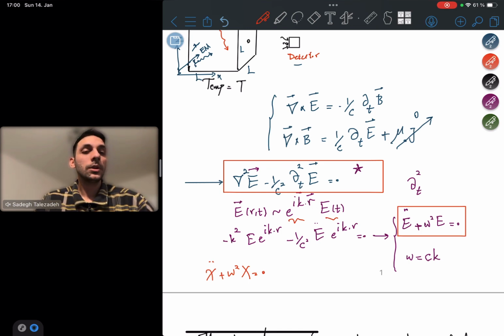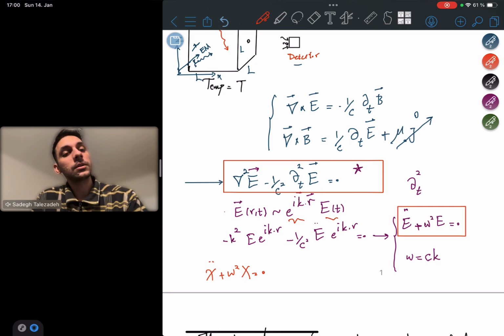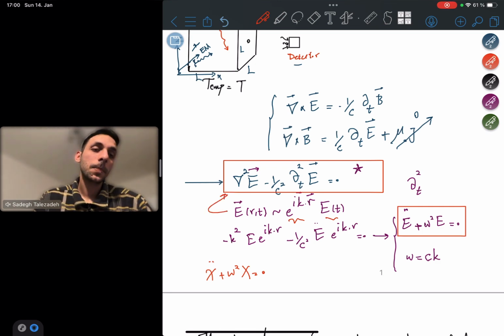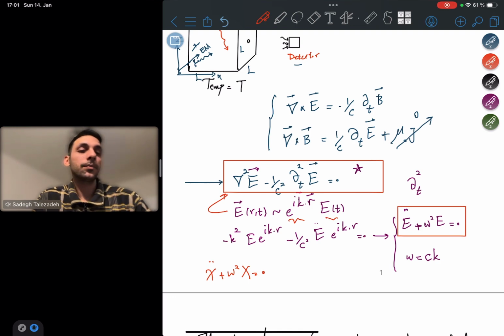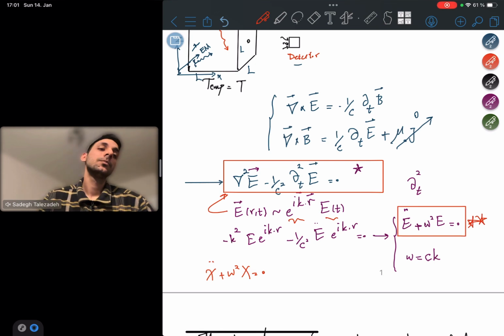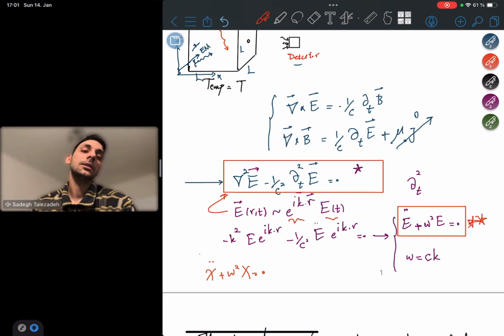And when you insert this solution, this guess, into this equation, you will get an equation that looks like the harmonic oscillator equation, which here I show by 2 star. So this is really similar to the harmonic oscillator equation.